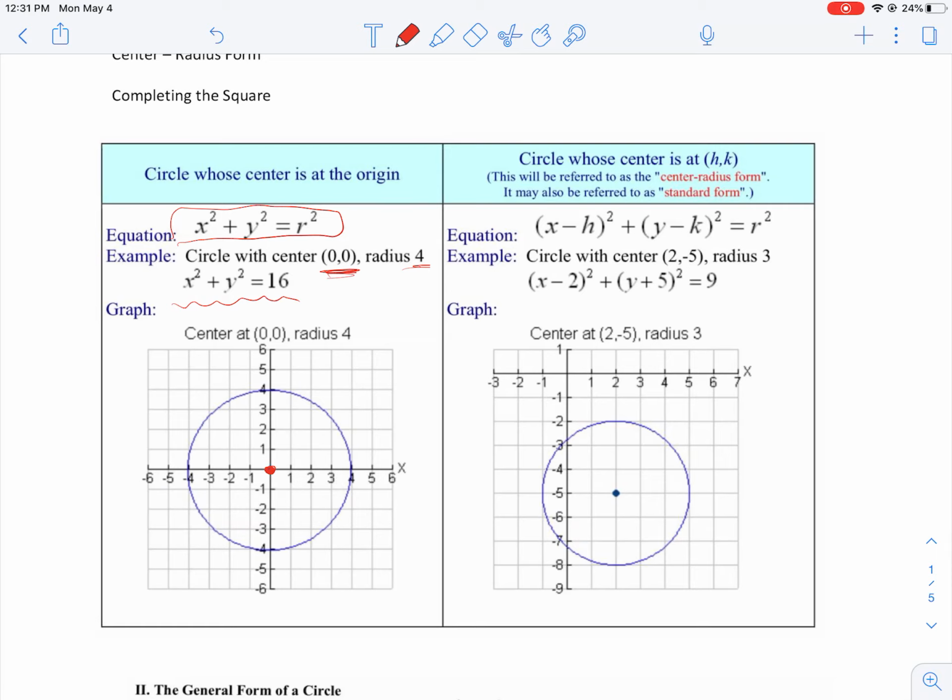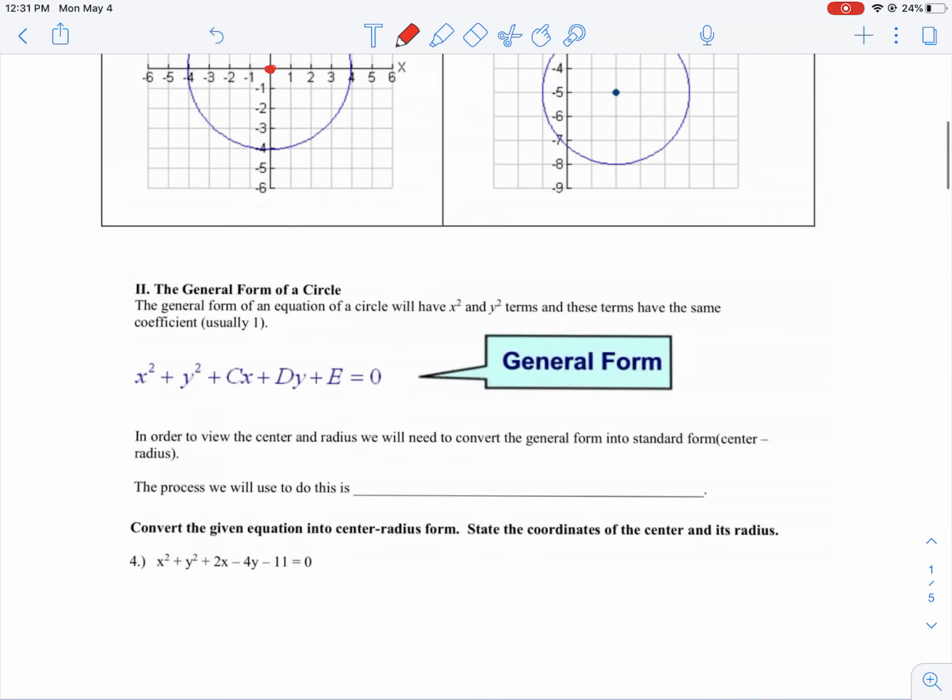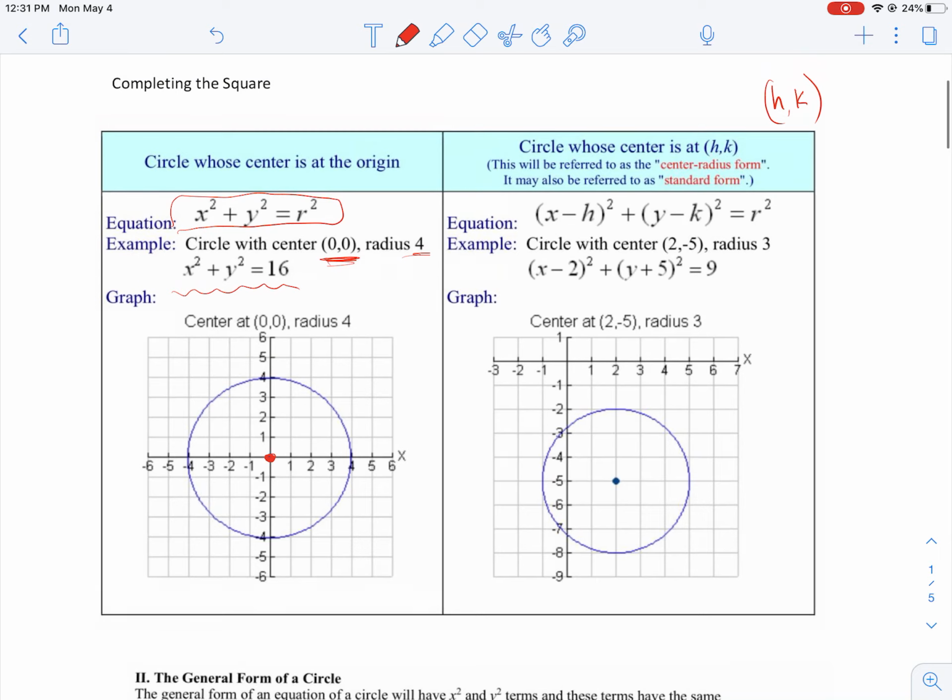Going over to the right side, this h and k represent your center. So this we refer to as the center radius form. In this case, the center is at 2, -5. So the x's go with the x's, y's go with the y's.